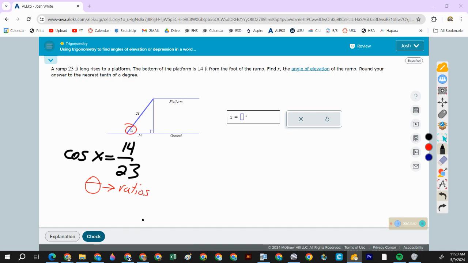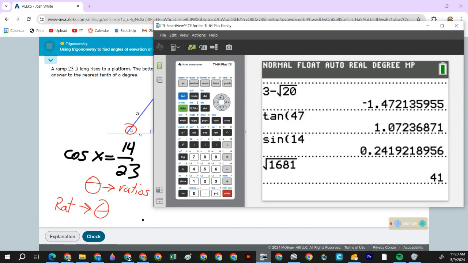Do we have a function that will take ratios and transform them into angles? It's called the inverse cosine. It used to be called the arc cosine, but arc cosine doesn't fit on our calculators. It's just got too many letters. So we call it inverse cosine, and we use the cosine -1 button. So all we have to do is second cosine of 14 over 23.